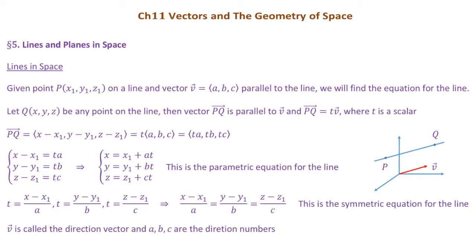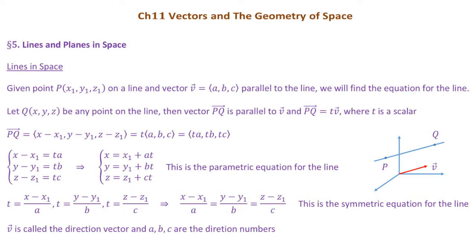So that's a line in 3D space. And we have a vector v with the components a, b, c parallel to the line. Okay, so you cannot talk about slope in 3D space, but you can use the direction vector. We call this v the direction vector.